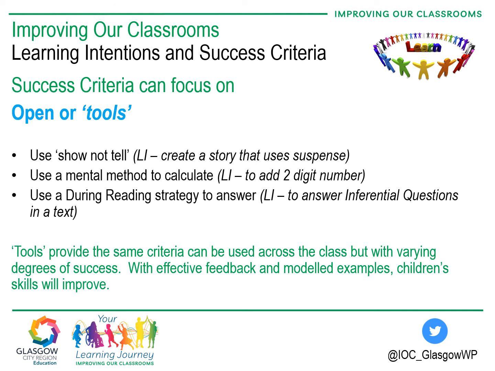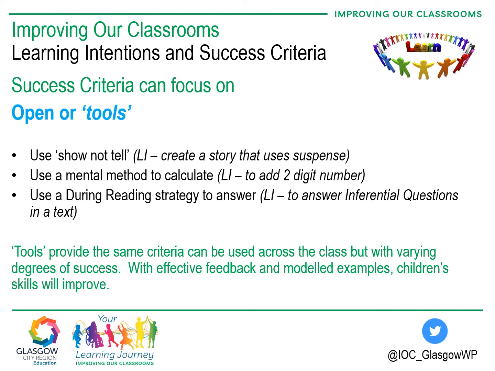But what is key here, because it is so open and children have got that degree of independence, choice and autonomy, is effective feedback that must be provided on what the children have done: have they used the open number line effectively, could they use it in a more productive way, have they used other skills?